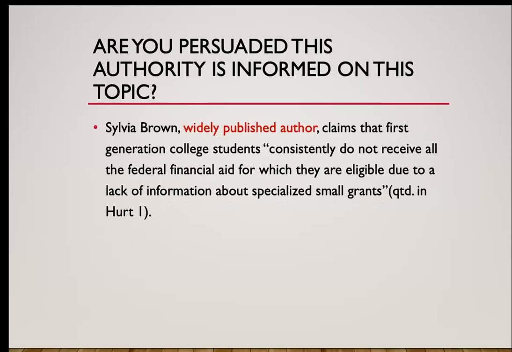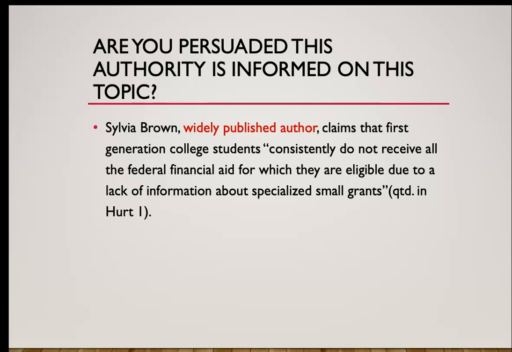Let's look at this particular piece of evidence and we will see how we can make it better, because Sylvia Browne, widely published author, claims that first-generation college students consistently do not receive all the federal aid for which they are eligible due to a lack of information about specialized small grants. So we have Sylvia Browne, and we have this information about what is missing in the financial aid packages and grant packages and basically the finances of first-generation college students.